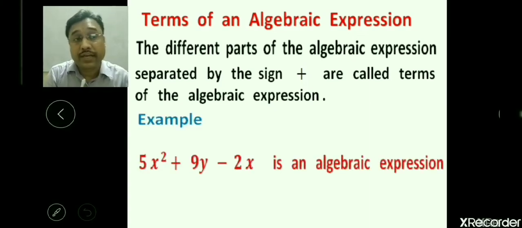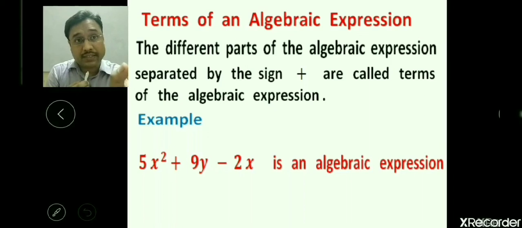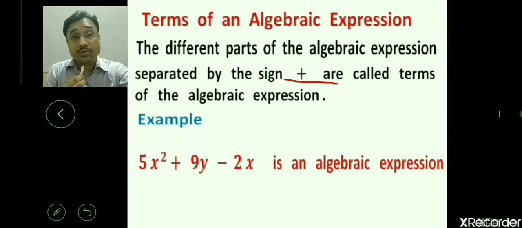So like this we can understand, such as in this expression 5x square plus 9y minus 2x. This is an algebraic expression which contains 3 terms: 5x square, then 9y, and then the third term is minus 2x. Because actually this minus sign is the sign of the term only. The terms are separated by the sign plus, I have clearly said. So don't keep any confusion here.